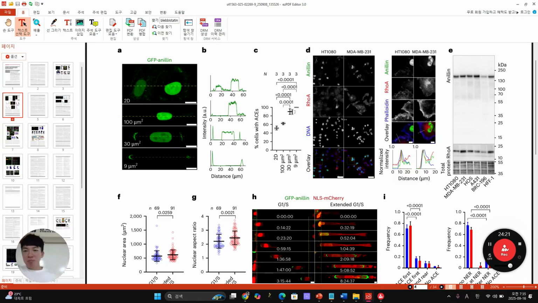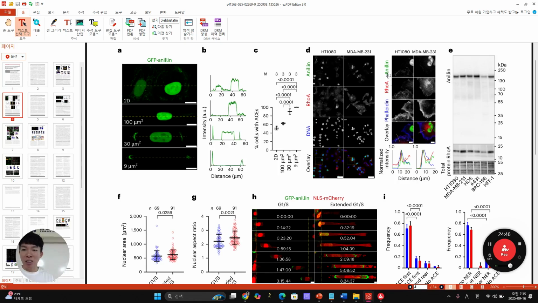And then they found out that this anillin is really related to Rho activity or some actin. So they cultured two different cells: HT1080 is our original cell, a fibrosarcoma, and MDA-MB-231 is a breast cancer cell. From two cancer cell lines, they magnified these images and made the line here.